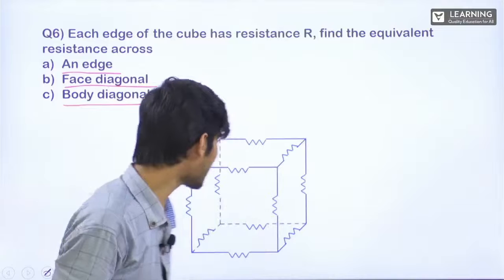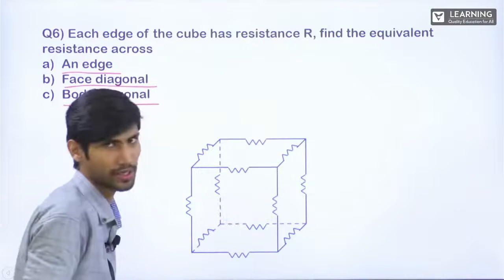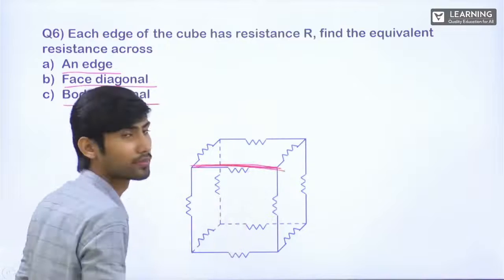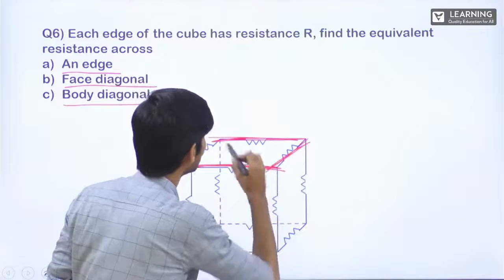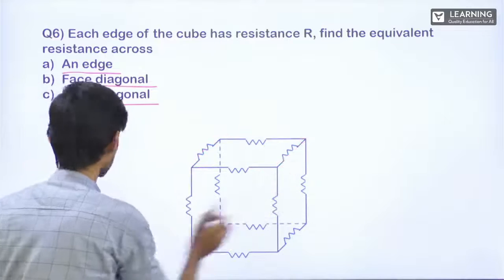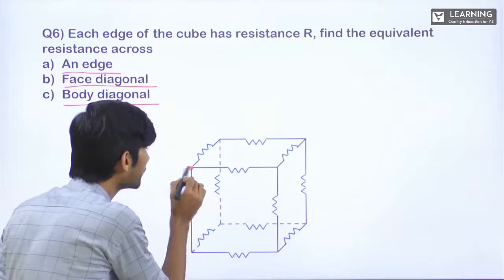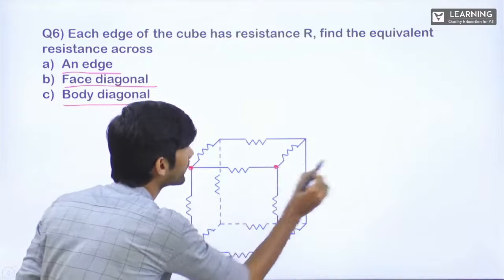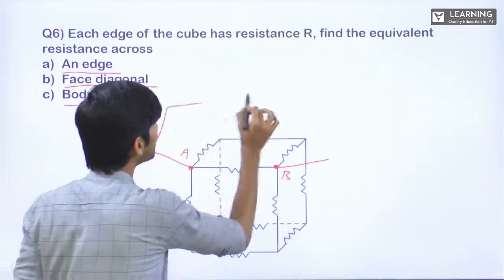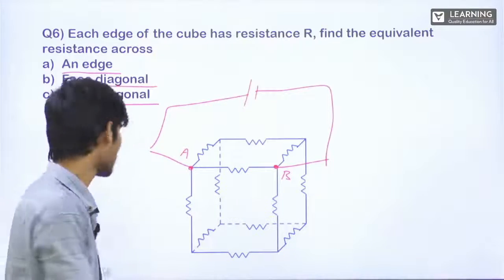So what is an edge? Let us understand first. Any side is known as an edge. This is an edge, this is an edge, all these are edges. So across an edge means this will be one point A, this will be one point B. Across AB the battery is connected, or across AB I have to find the equivalent resistance.